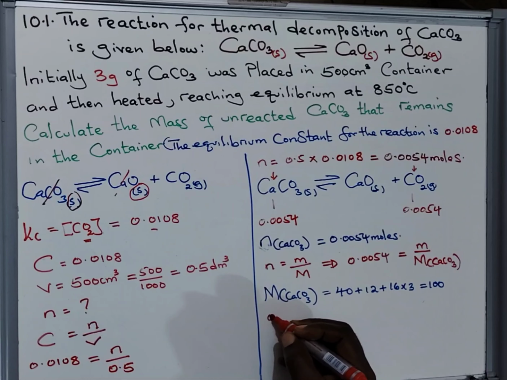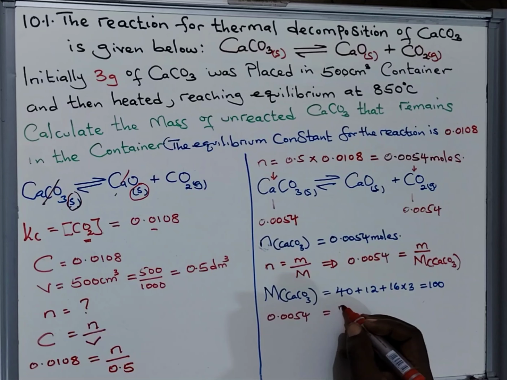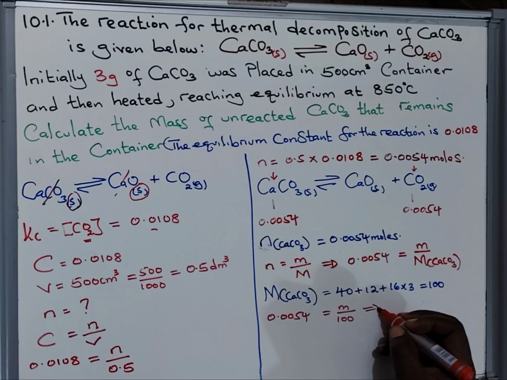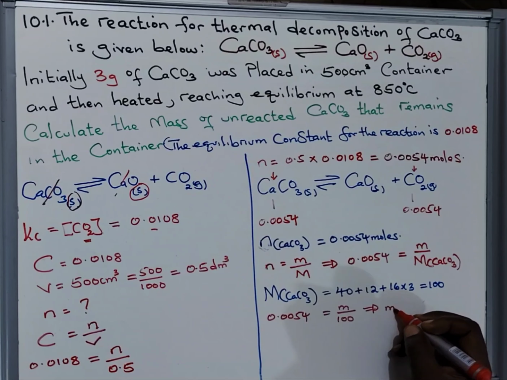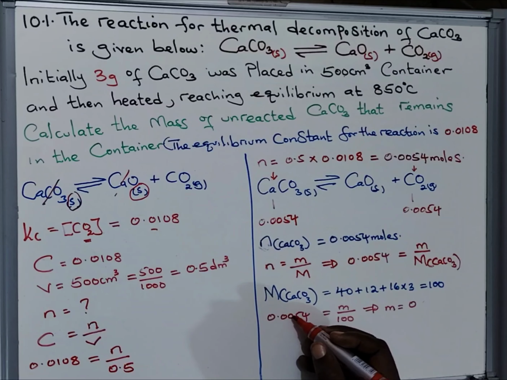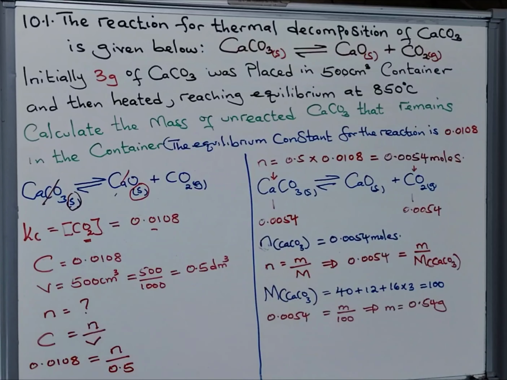The equation says 0.0054 is equal to mass over 100. This will give you mass. So mass is going to be 0.54 grams.